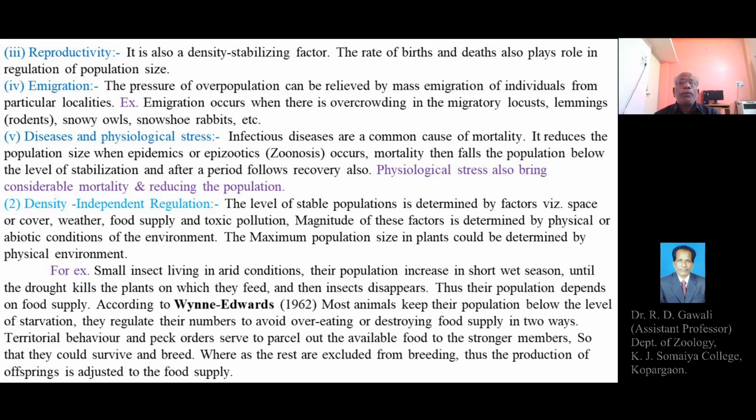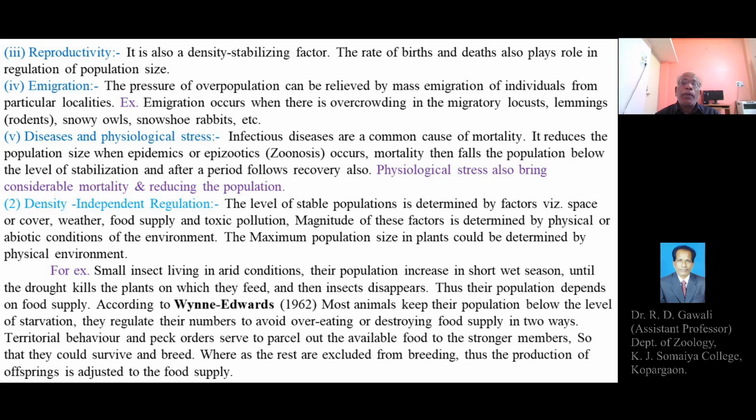So the level of stable populations is determined by factors such as space or cover, secondly weather, then food supply and toxic pollution. These are some of the factors related to the physical environment, the surrounding environment or the habitat of the respective population or the different organisms.